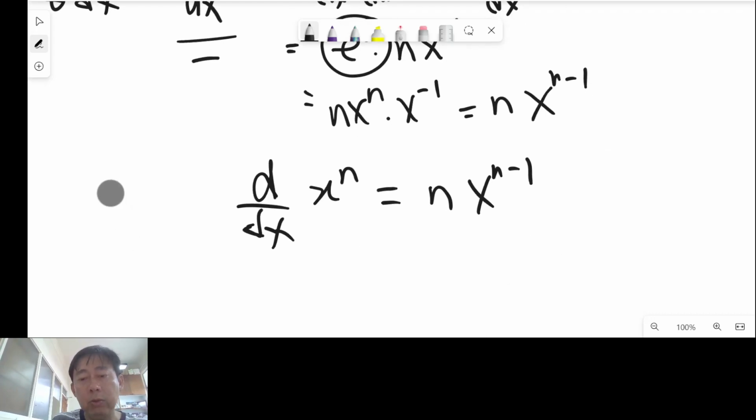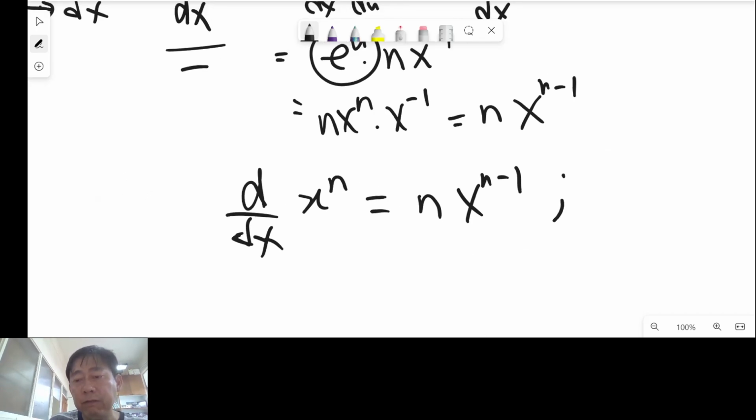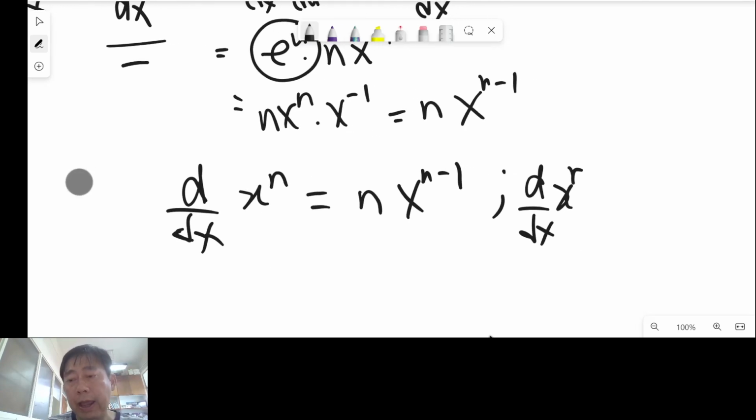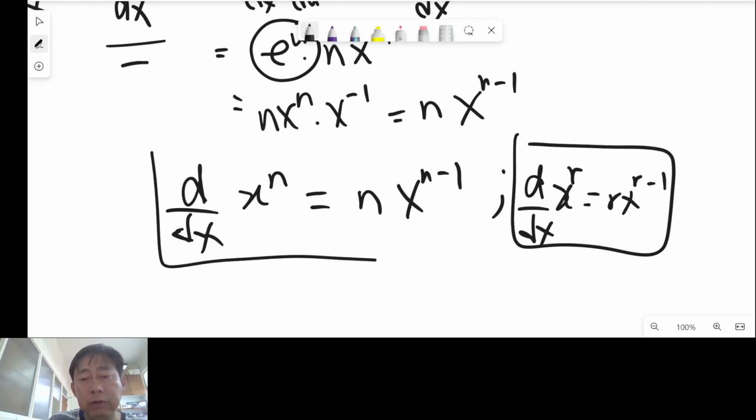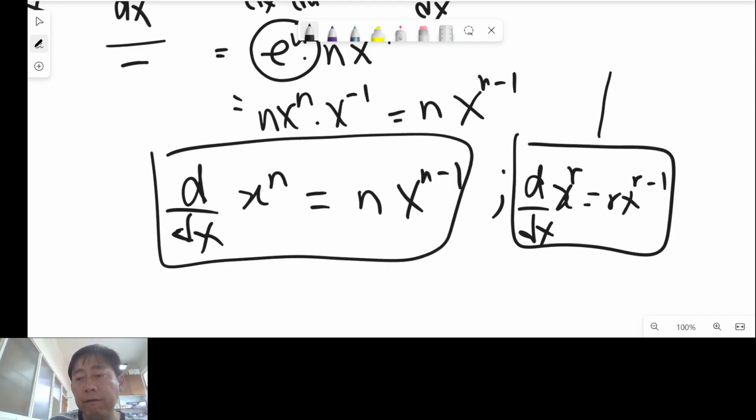So it looks like the previous equation for the derivative of x to the power of a rational number, but the arrival at this equation is tremendously different from how that right-hand side equation is derived.